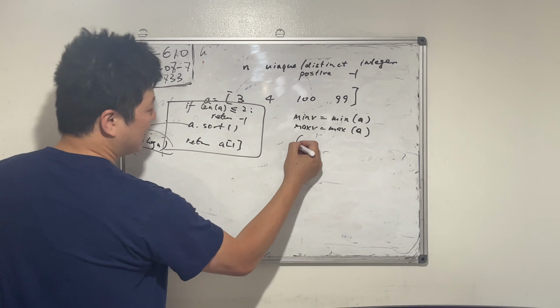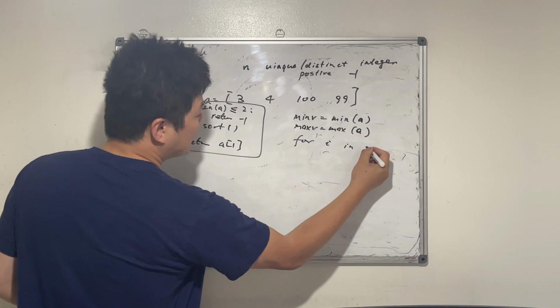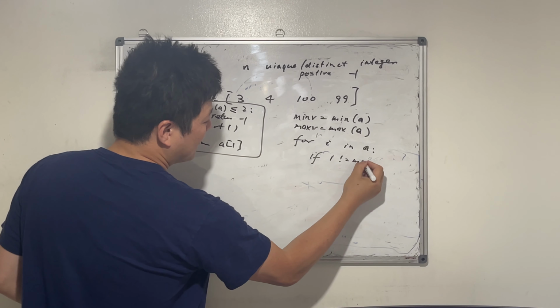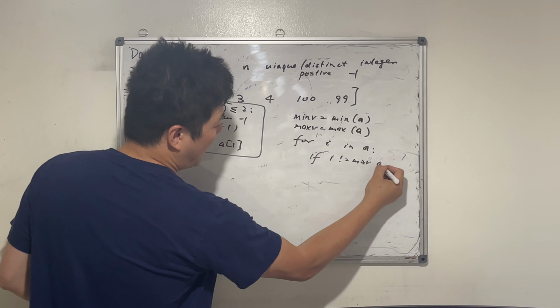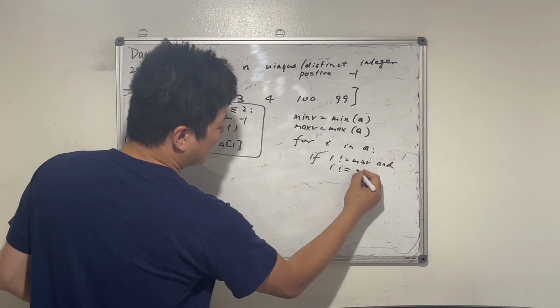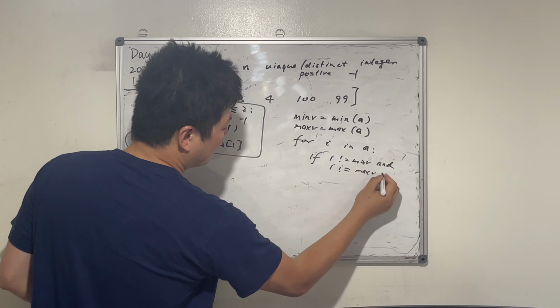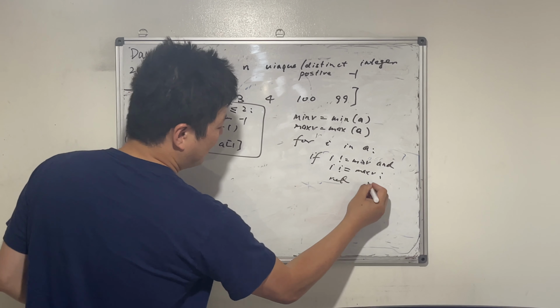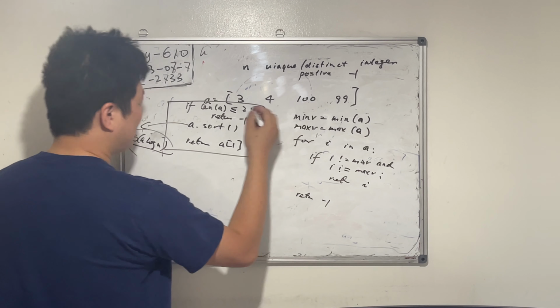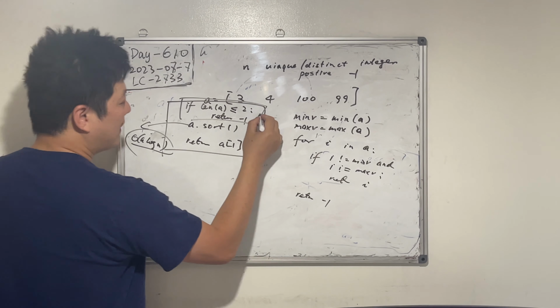For i in A, if i is not equal to min_v, not the minimum, and also not equal to max_v, then we return i. Otherwise return -1. Actually we can reuse this bit of code.